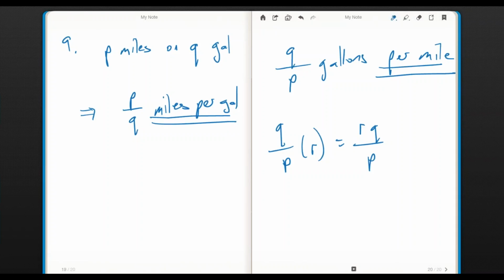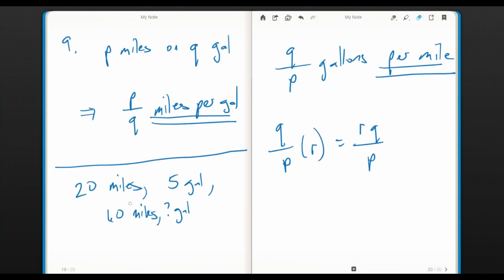Again, you could take that and make some concrete numbers, pick out some numbers in a sense out of the air. So for example, if you pick that 20 miles uses 5 gallons, which is horrible gas mileage, but let's pick easy numbers that we can work with, and you want to know how many gallons you use if you go 60 miles. What we have just done is said that I use 5 gallons to go 20 miles.